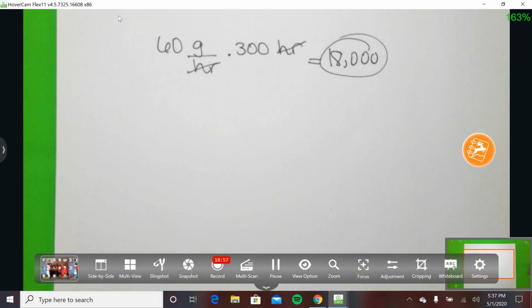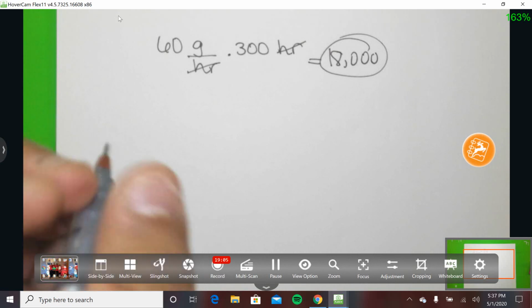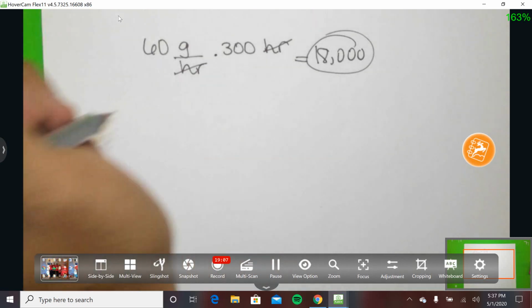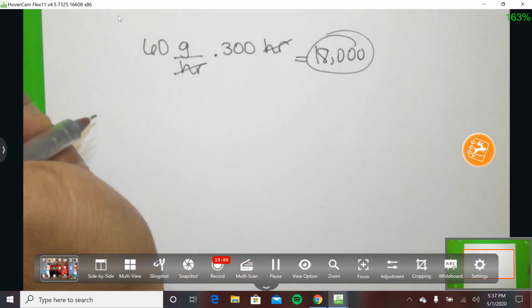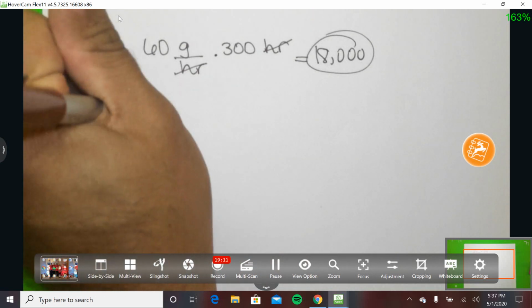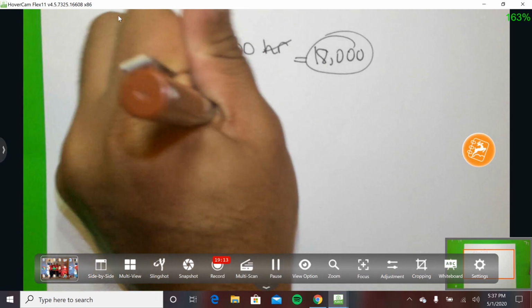Well, you have two different houses. One that has a pool, one that is 40 gallons per hour and one that is 60 gallons per hour. So what you're going to do is you're just going to add those so you can get the total rate for that. So 40 plus 60 gives you 100.